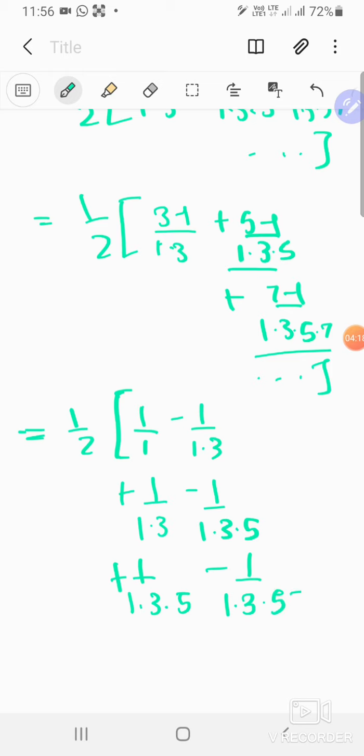Yes, as we expected. So that 7 in the denominator gives me the previous term, and that minus 1 gives me the next term. But then the previous term will get cancelled with the next term of the previous. You get the idea that this thing will get cancelled with this thing.